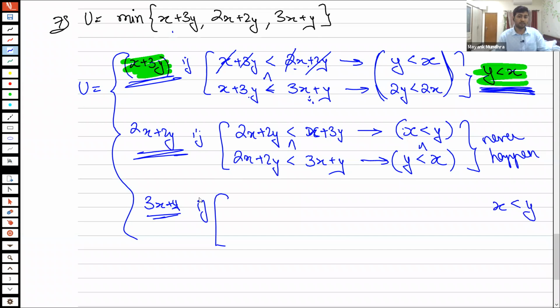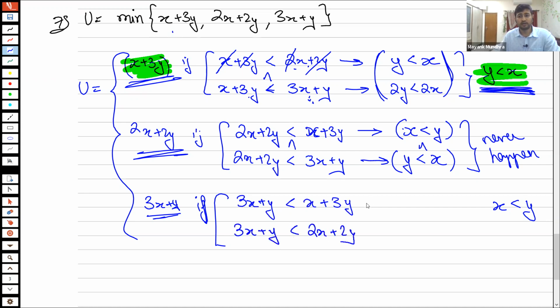In an exam or later on when you're doing such problems, you can obviously use these logical shortcuts. So 3x plus y will happen if 3x plus y is less than x plus 3y, and 3x plus y is less than 2x plus 2y. If I resolve this, this becomes 2x less than 2y, and if I resolve this, this becomes x less than y. So the combined equation is x less than y. Both are the same things.